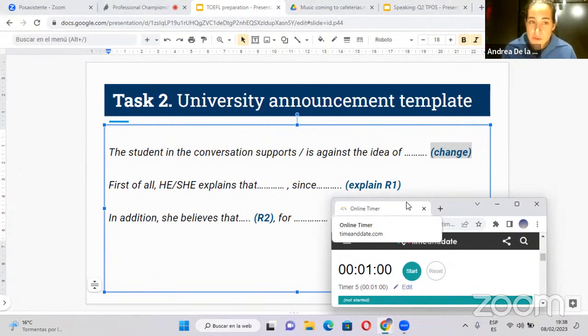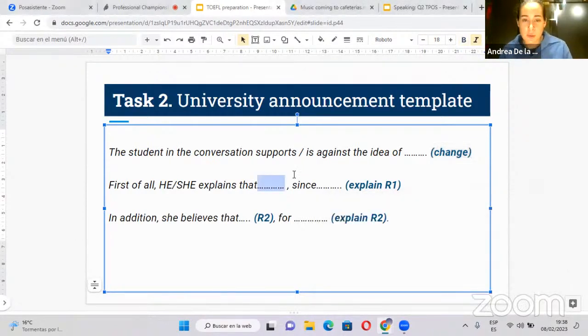But overall, your response was pretty good too. The two reasons were correct. Your introduction was cool. One thing that I can tell you is to be careful with the tenses. For example, you were saying, she explains that increase the number of students, right? You're going directly to the verb without making any connections. Don't use simple present, but instead try to use the future tense because this will happen in the future.